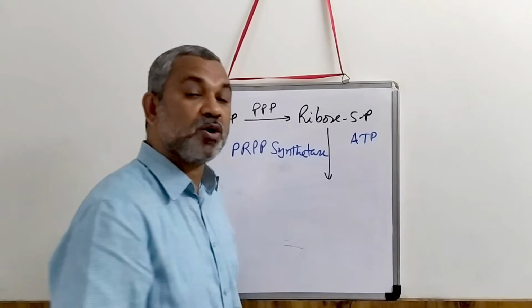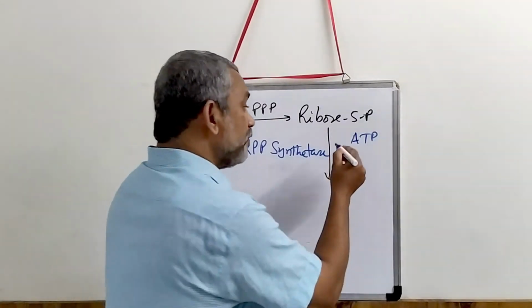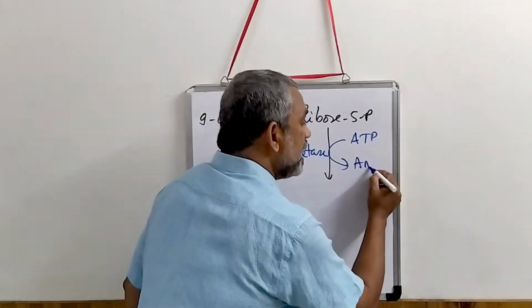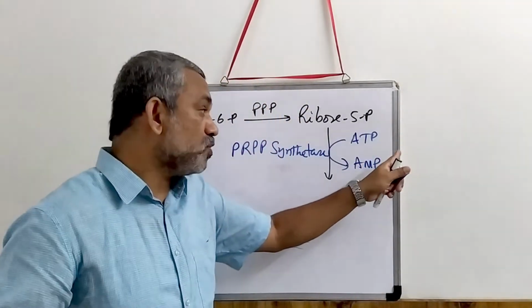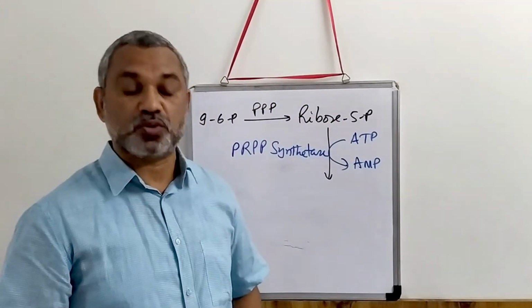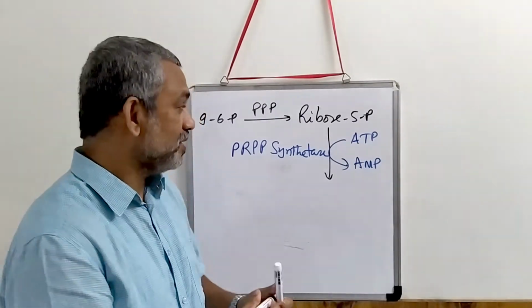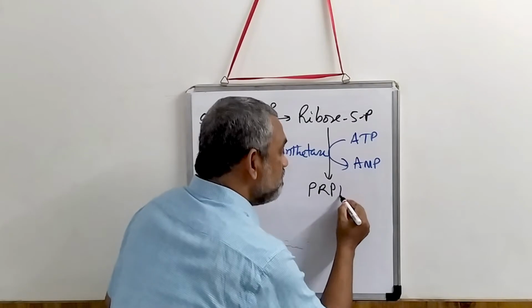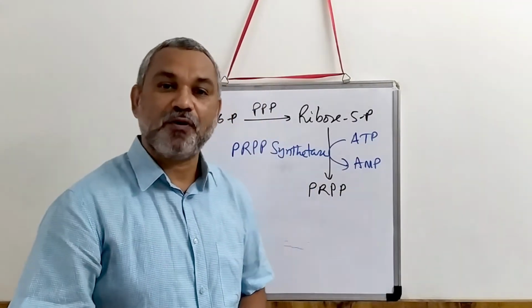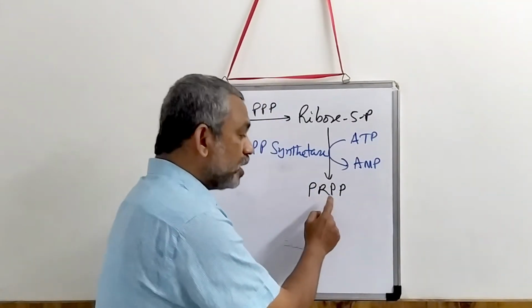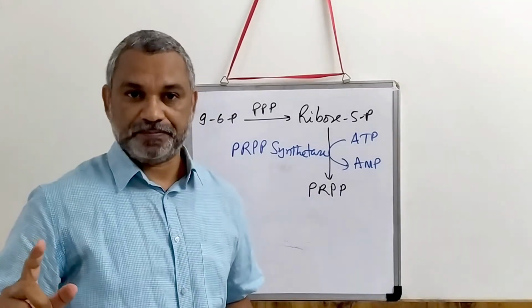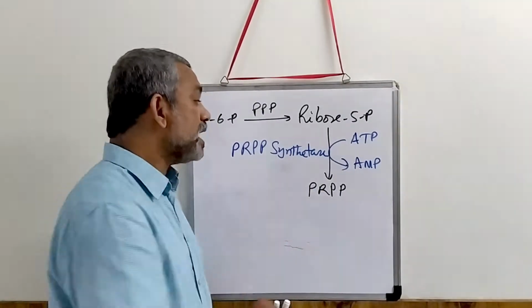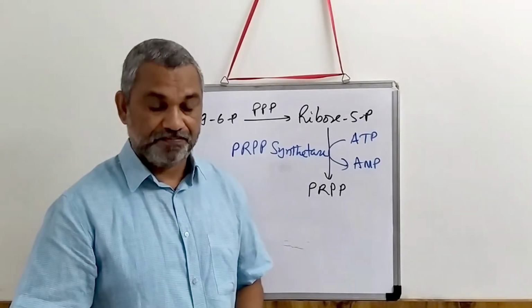An ATP is required. Pyrophosphate is taken from ATP, so you will have the remaining AMP. Now this pyrophosphate is added to ribose, so you will get PRPP. PRPP stands for phosphoribosyl pyrophosphate. So this is catalyzed by an enzyme called PRPP synthetase, our enzyme.